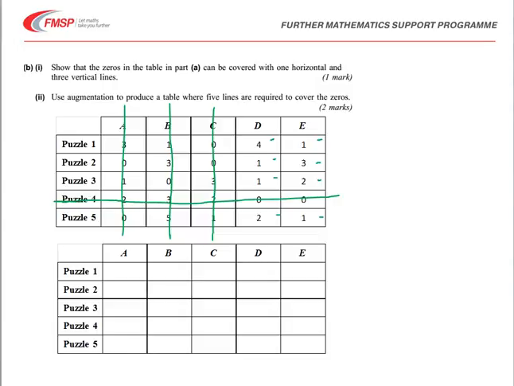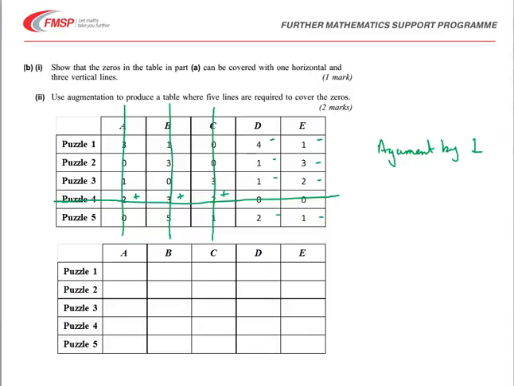So in other words, we can subtract 1. So we can augment this table by 1 by subtracting 1, the augmentation value, if you like. And we must add that value to where there is an intersection of two lines. Everything else is going to stay the same.